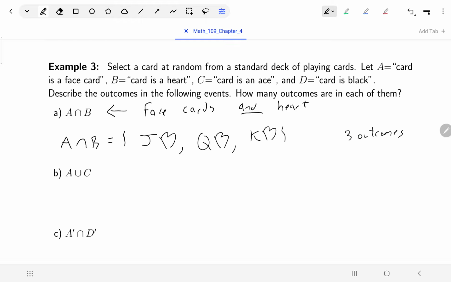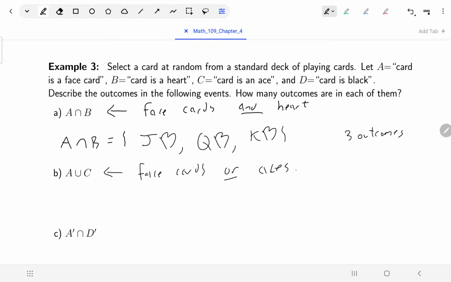For A union C, on the other hand, we're looking for cards that are face cards or aces. So A union C is you are a face card or you're an ace or both. In this case, you can't be both, because if you're an ace, then you're not a face card. If I were to say in words what this is, these would be the things that are face cards or aces.